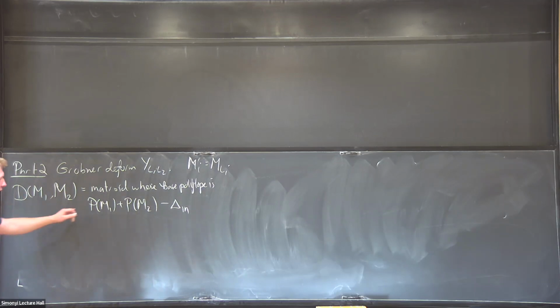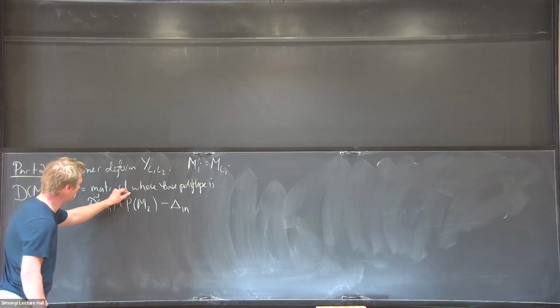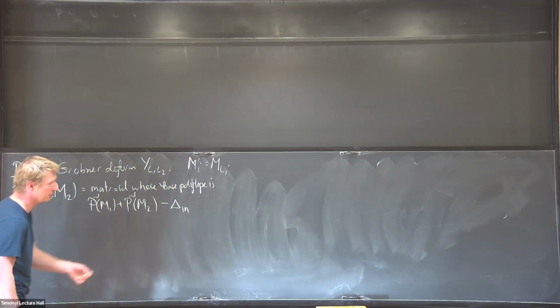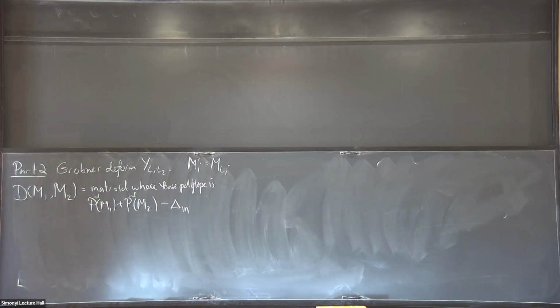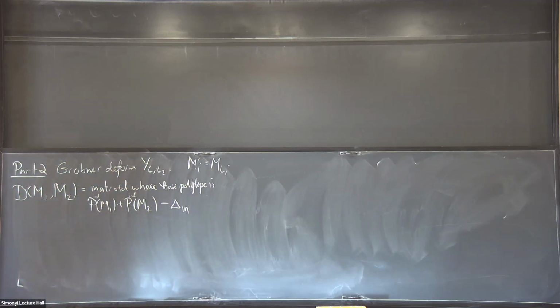Okay, so it's entirely plausible that this polytope would be empty. If it was empty, then you should probably replace these things by their independence polytopes. And it turns out that this polytope being non-empty is actually equivalent to this thing being birational to the associated bundle. I'll often just call this matroid D.